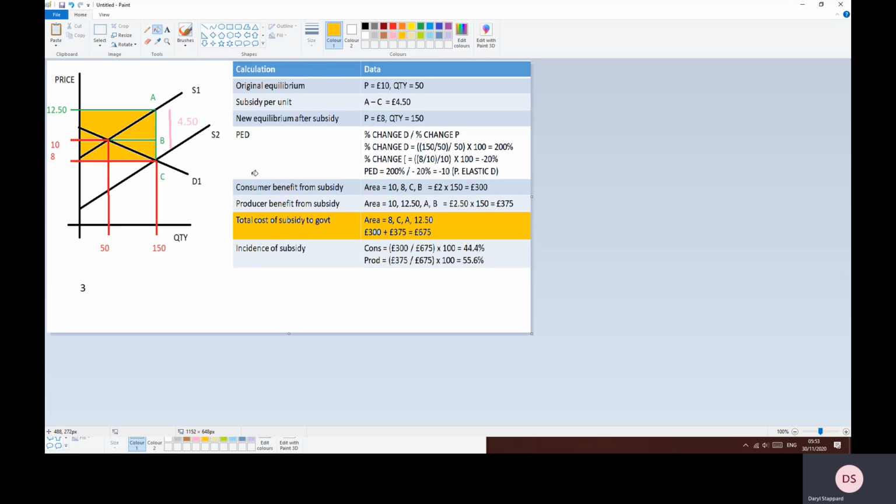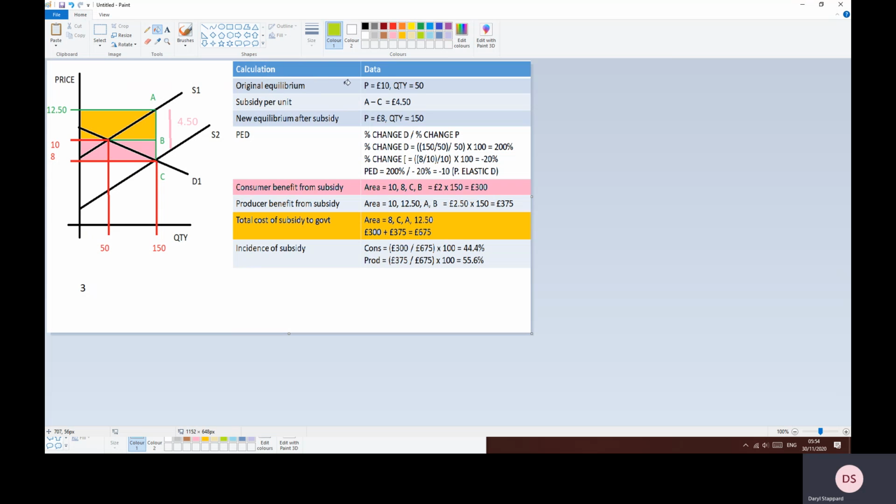Right, and we're now going to be thinking about what proportion will benefit the consumer and what proportion benefits the producer. So the consumer will benefit from the reduction in price, which is that pink area there. So the price falls by £2. That is applied to their 150 units of output. So the subsidy that will go to the consumer will be £300 worth.